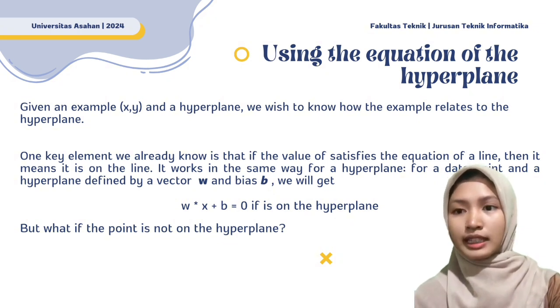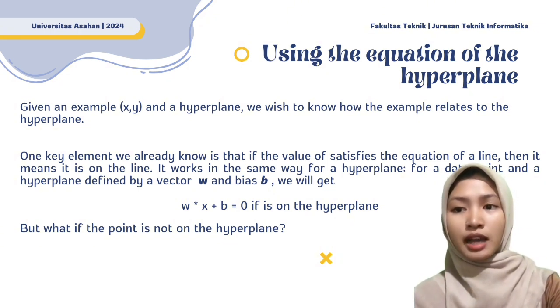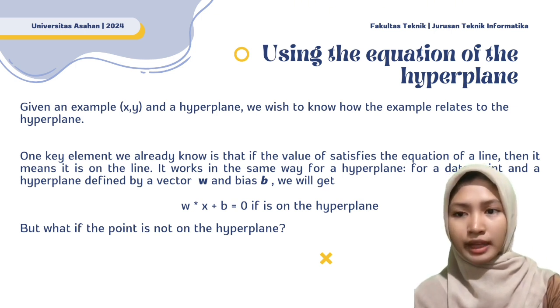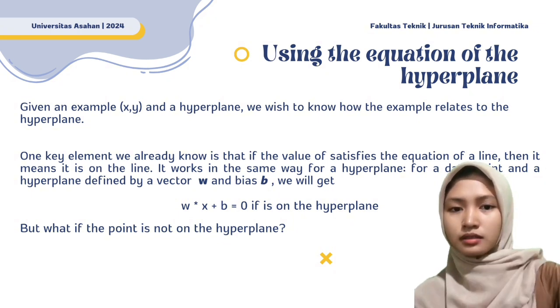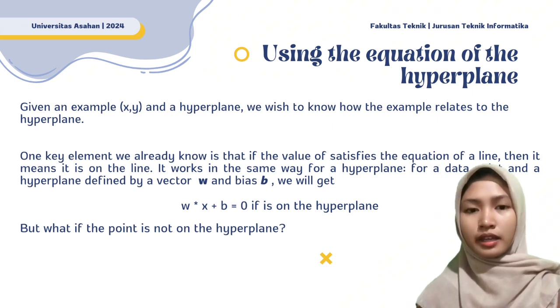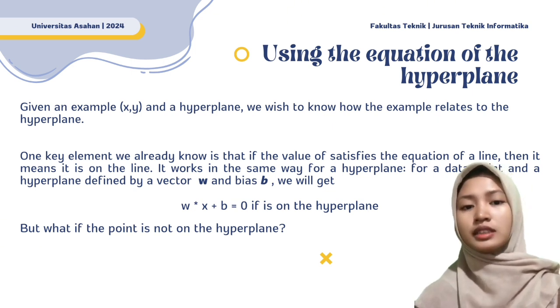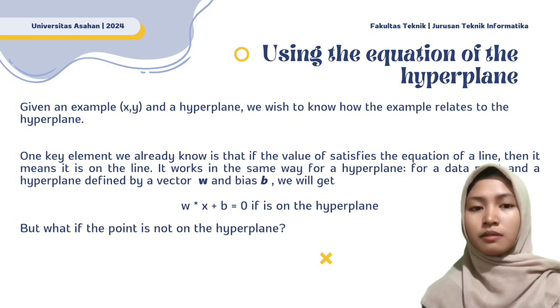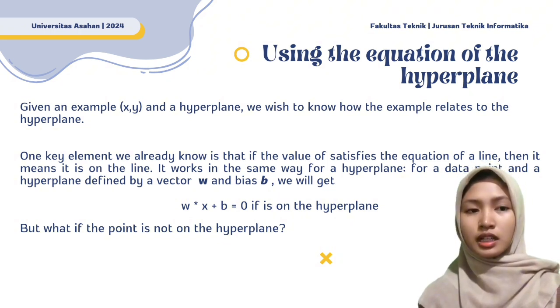It works in the same way for a hyperplane. For a data point x and a hyperplane defined by a vector w and bias b, we will get w dot x plus b equals 0 if it's on the hyperplane. But what if the point is not on the hyperplane?